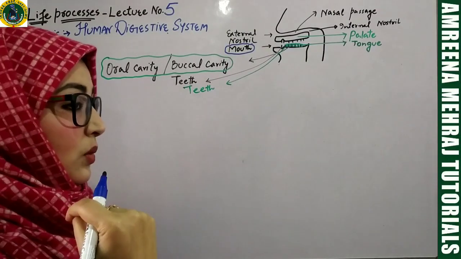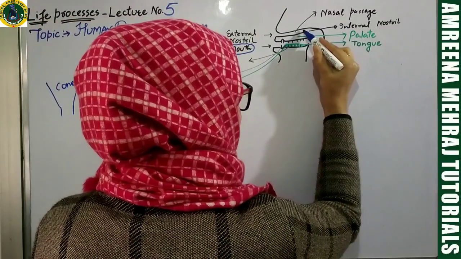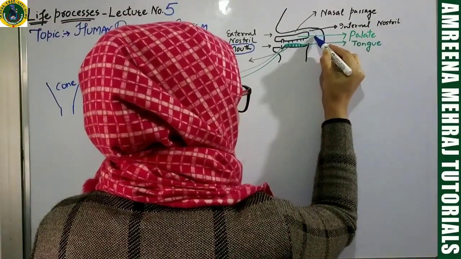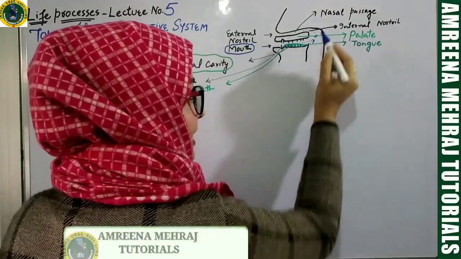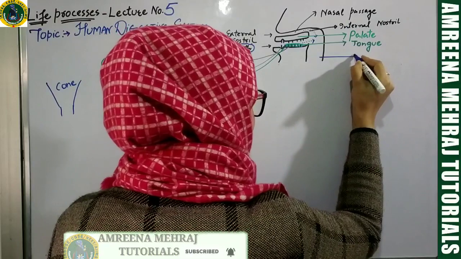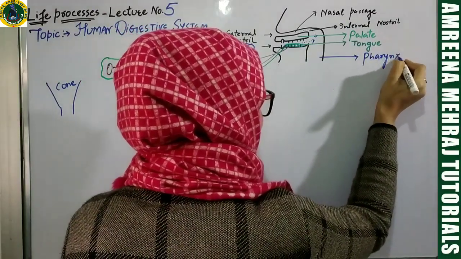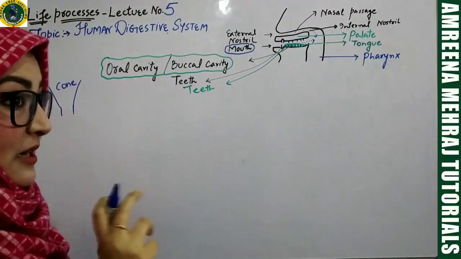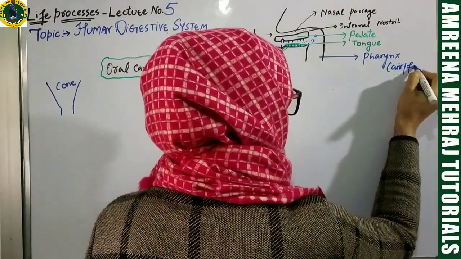That's why I use the word conical passage, which is common for air coming from here and for food coming from here. The name for this conical passage is basically your pharynx, the common passage for air and food.